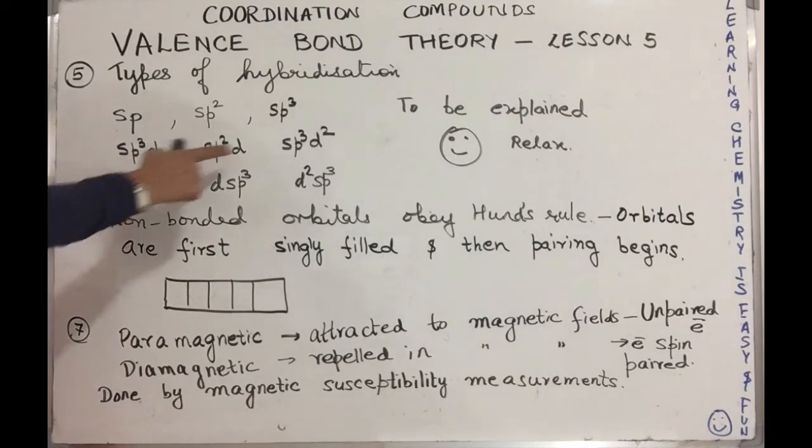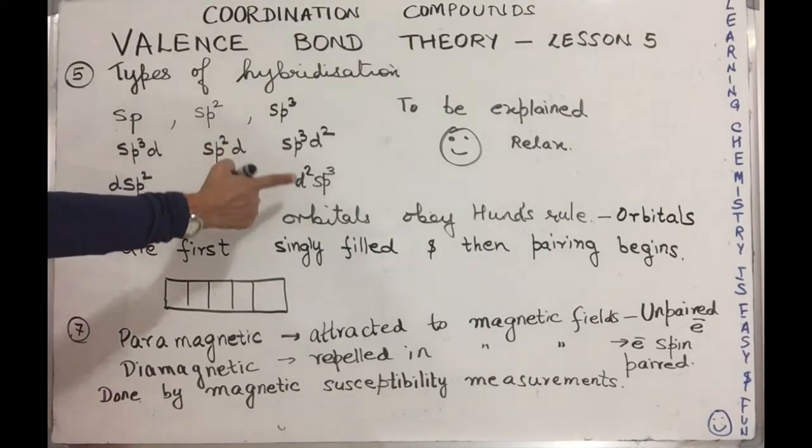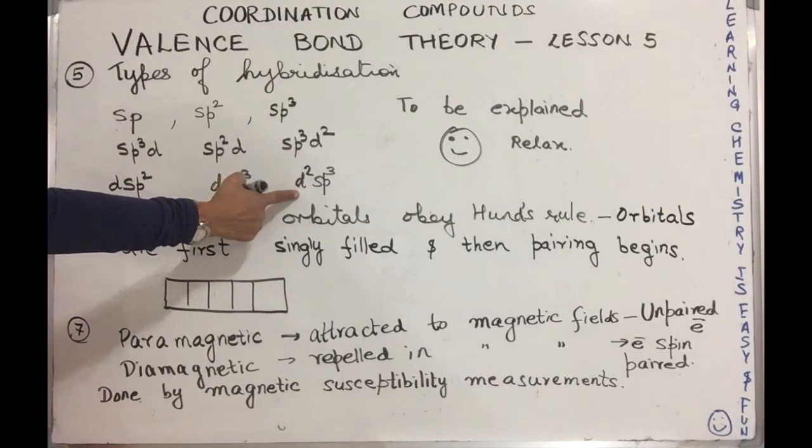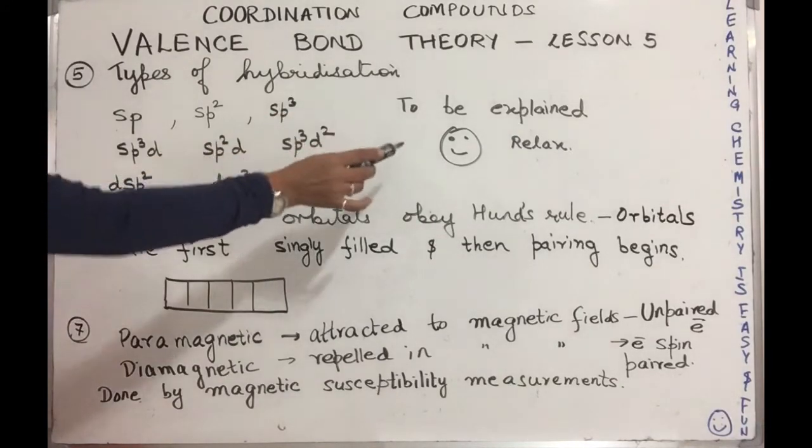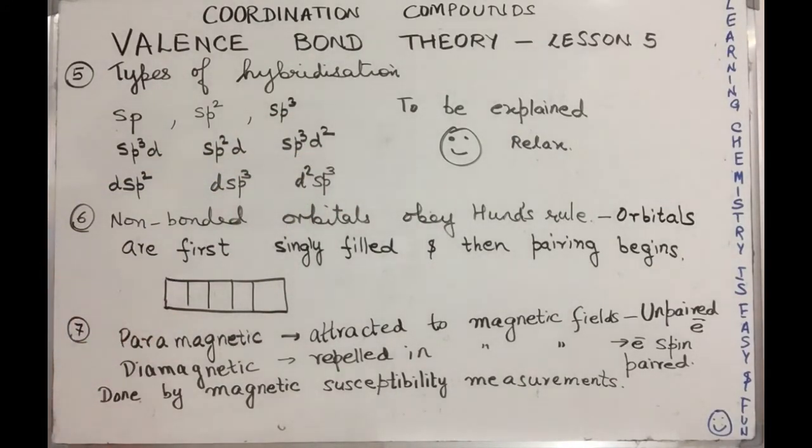But you notice I put sp3d2 and here I put d2sp3. I put sp2d and I put dsp2. What's the difference? Aren't they the same? No, they're not the same. We are going to discuss them with the help of examples. So relax. It's a very easy topic. Stay chill. Go step by step and I promise you'll be very happy with the lesson at the end of it.